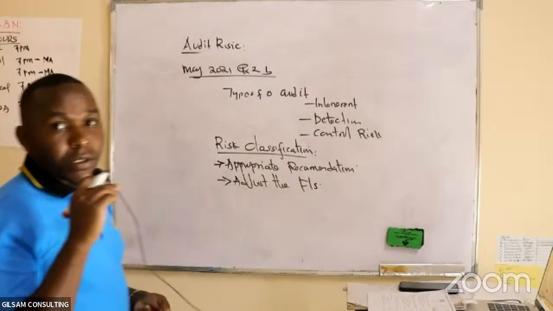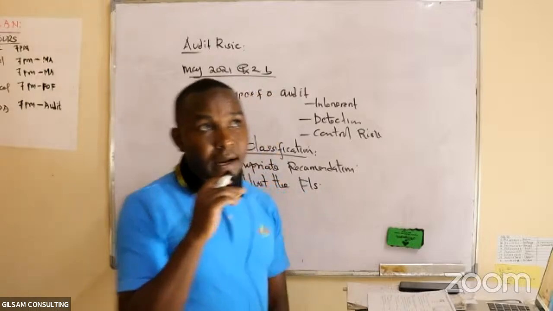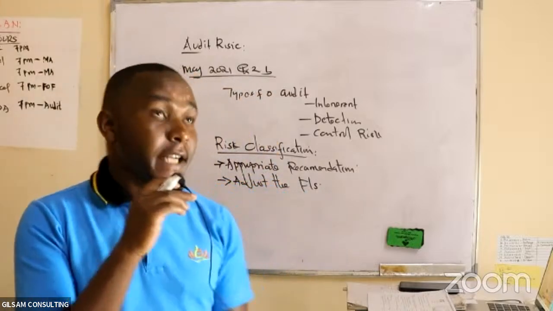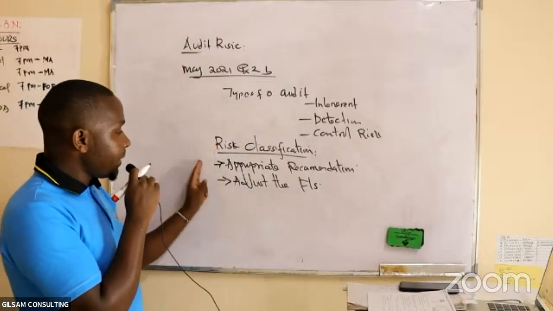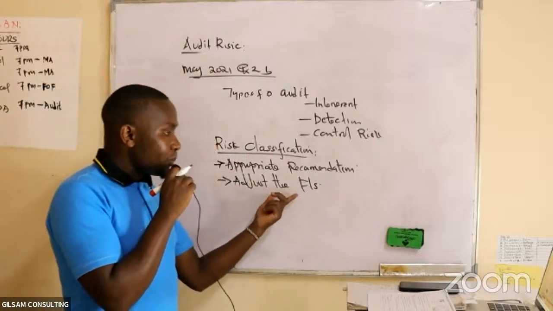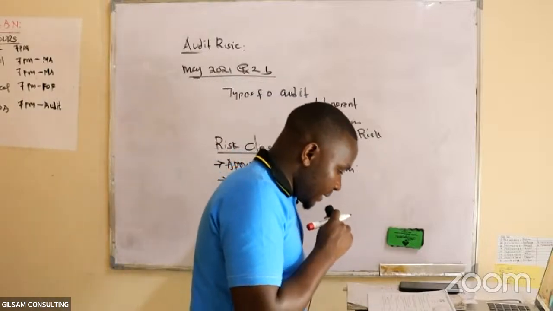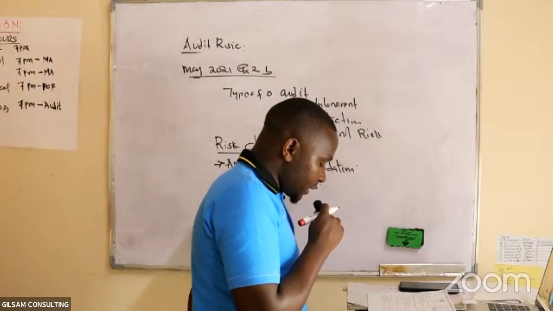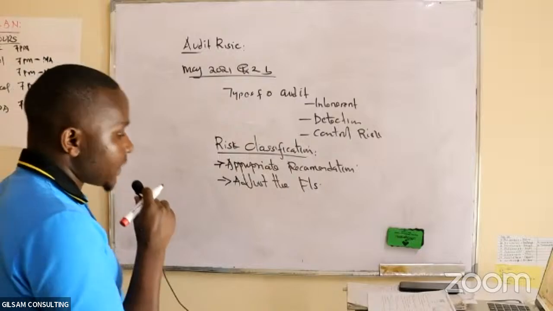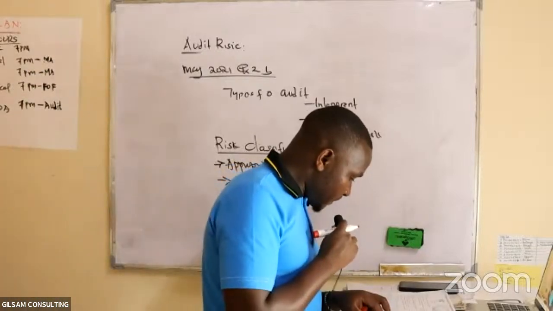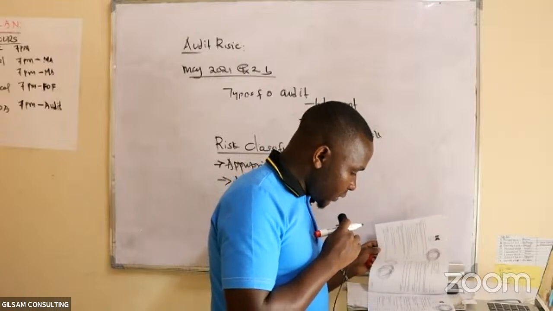That's why in audit there is what is called subsequent events, adjusting events and non-adjusting events. So if the auditor classifies these risks very well, it can help them adjust the financial statements. That was May 2021, ATD number 3.